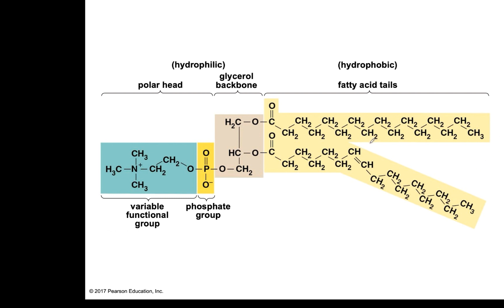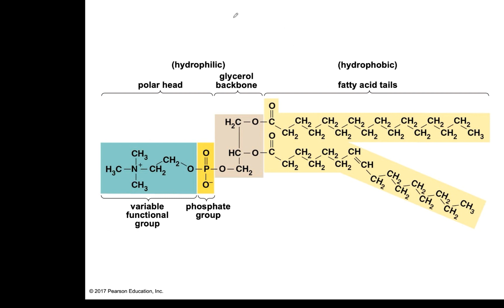First, the phospholipid chemical structure looks like this. This is the glycerol backbone. There are 3 carbons on the glycerol molecule. In the case of fat, each carbon of the glycerol molecule binds to a fatty acid.